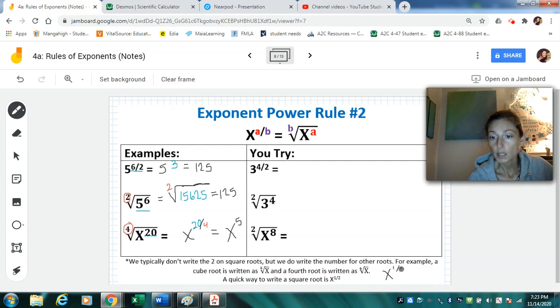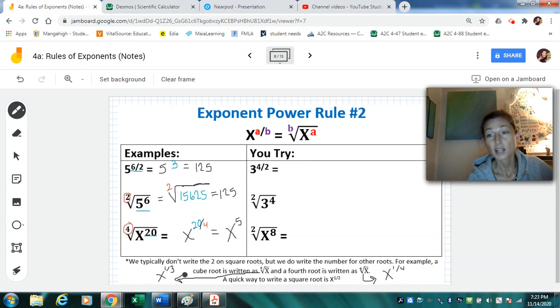You don't see a lot of exponents inside the root like this, but if they do, that would go on the top of that fraction there. So 4th root, you could write that as x to the 1/4 power. Cube root, you could write that as x to the 1/3 power. These are just easier ways of writing roots.